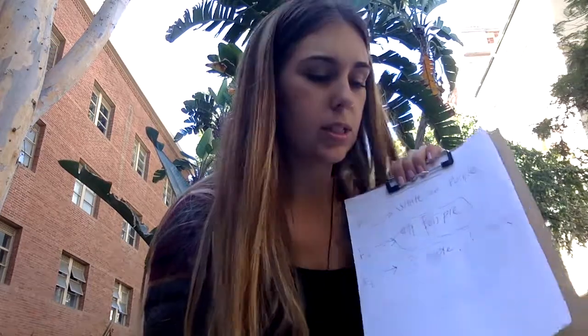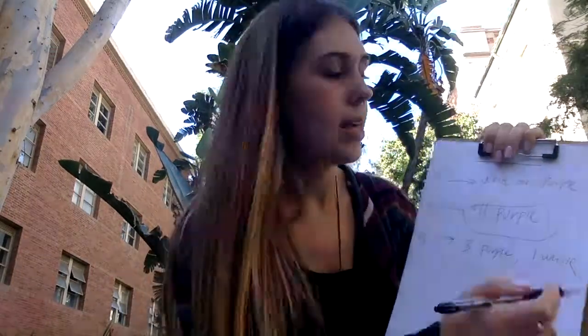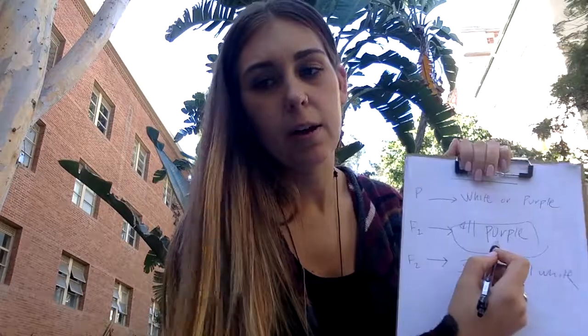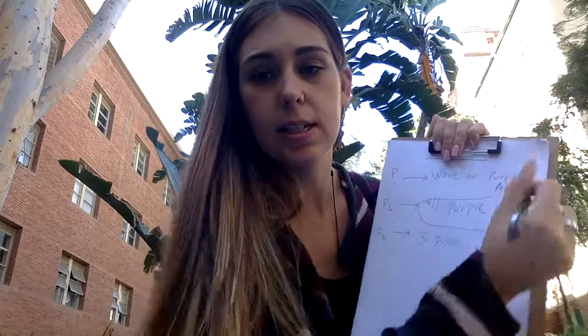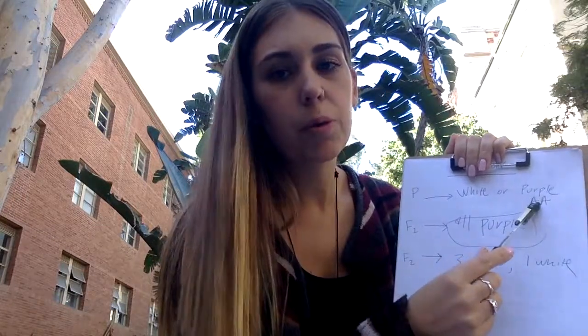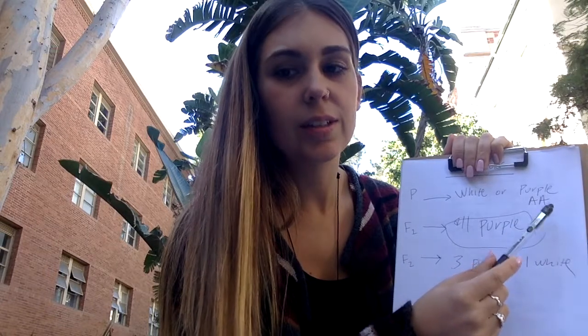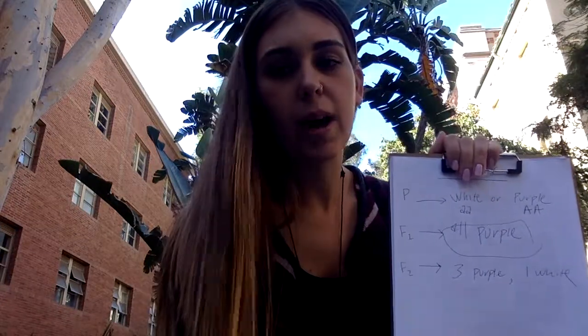Now, I'm going to go into some vocab of what he actually discovered from these experiments. So he found that the purple flower here would be dominant. I'm just going to use A because it's easy to see on the screen. So both of the alleles for this gene are purple, and here for white, they're both white.